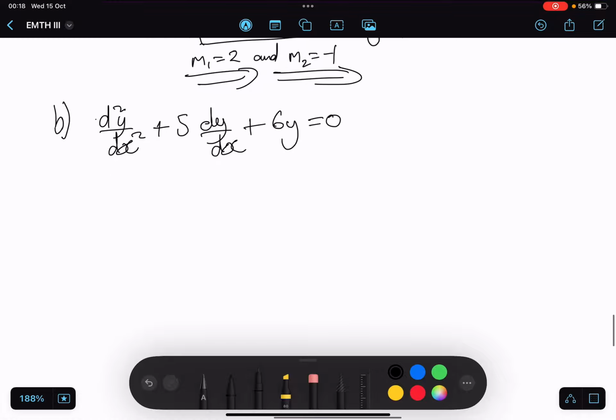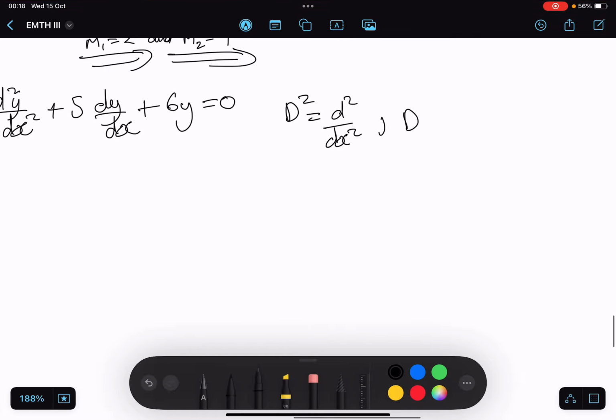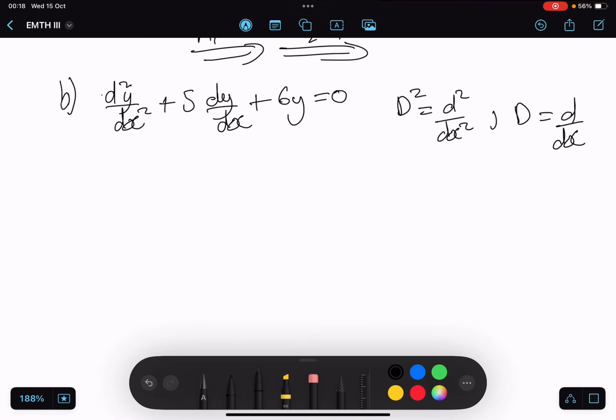So using the D operator, we know that D² is equal to d²/dx² and D is equal to d/dx, right? So from here we can rewrite this as D²y plus 5Dy plus 6y is equal to 0.